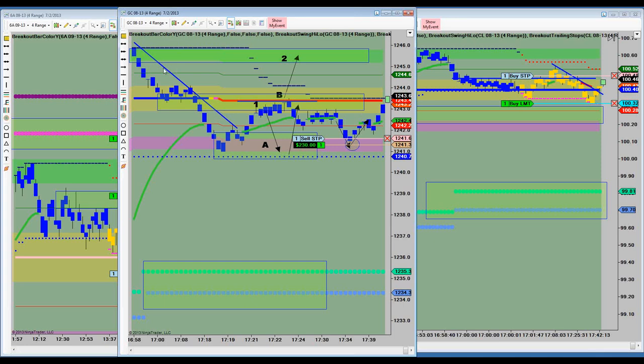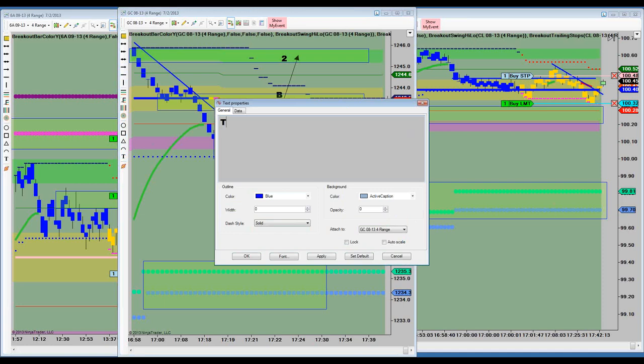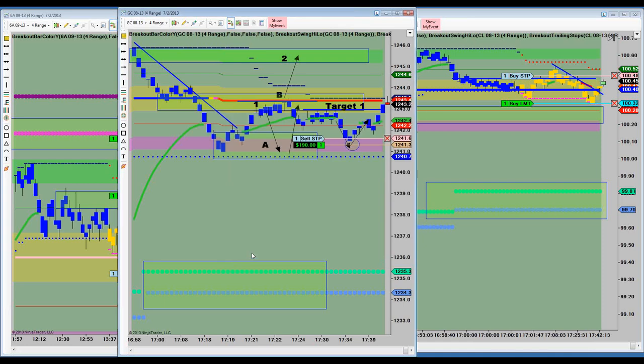Target 1 was taken out right here. Target 1 was acquired. Going to take our trailing stop up. Got a free trade now on the rest of it.